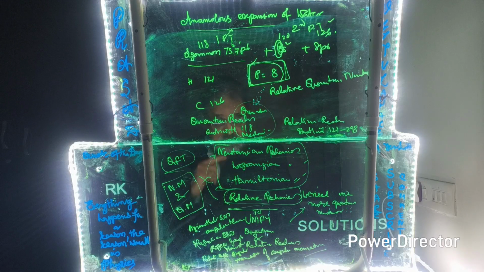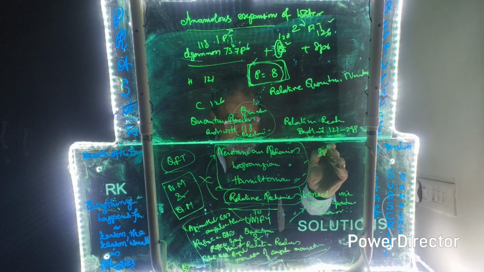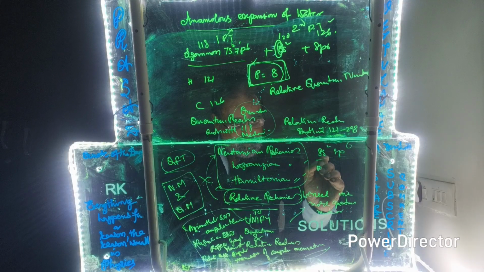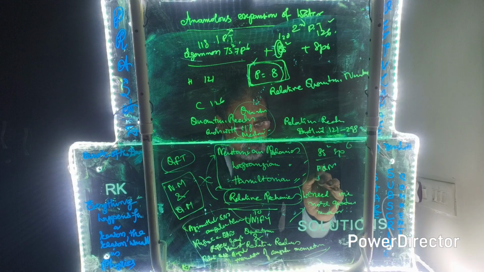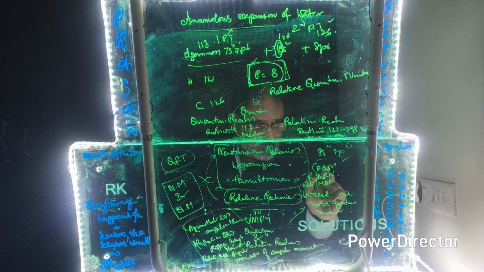And definitely you will need to fill the electrons even up to 6 c raised to 6, that is 8s to 8p6. You need all the three. So you need the principal quantum number, azimuthal quantum number, and magnetic quantum number, all relative. Relative principal quantum number, relative azimuthal quantum number, relative magnetic quantum number.